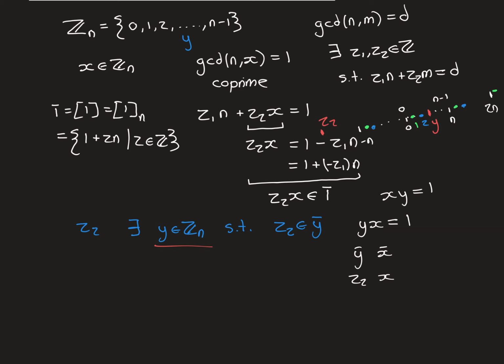However, the answer will always be in the same congruence class, so the overall congruence class you're in remains the same. It is well defined, so that's obviously crucial to what we did here.